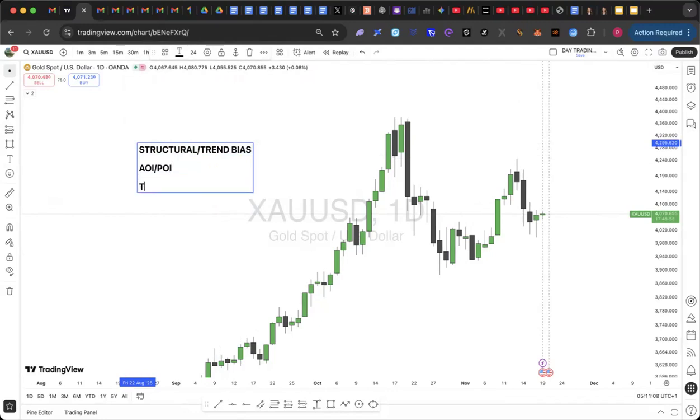Then you can do your top-down analysis, top-down review, and then entry confirmation, then risk and trade management.